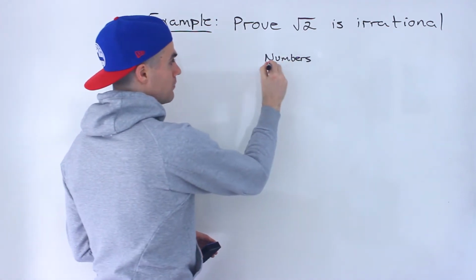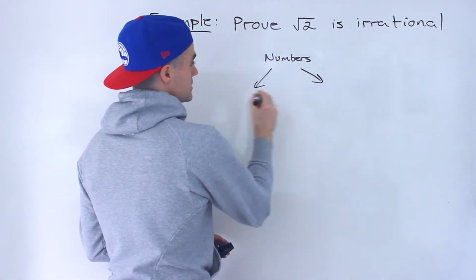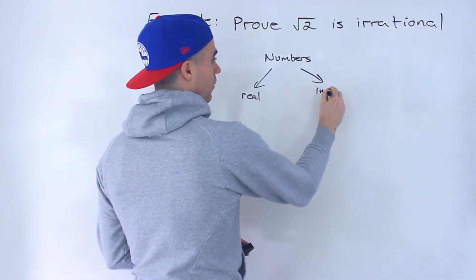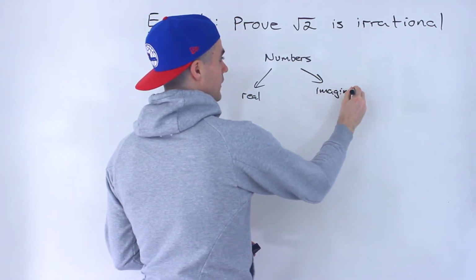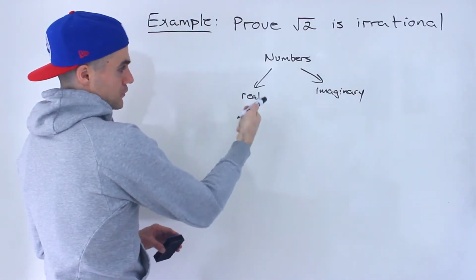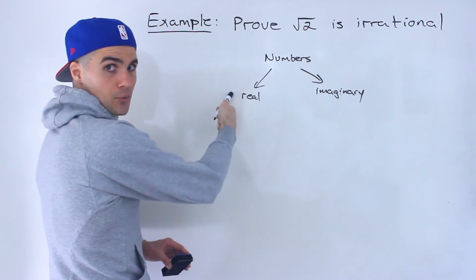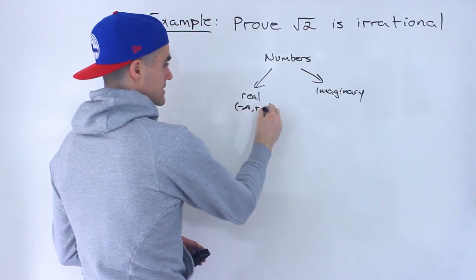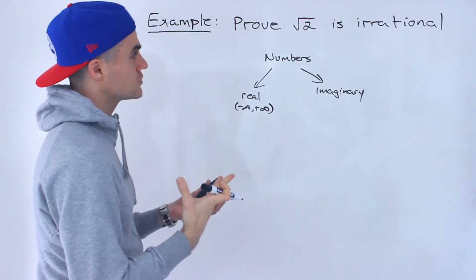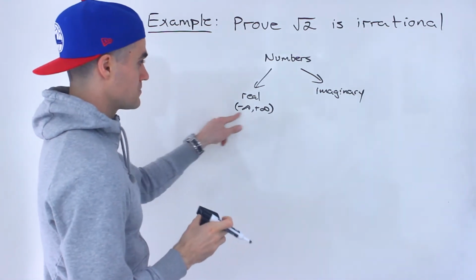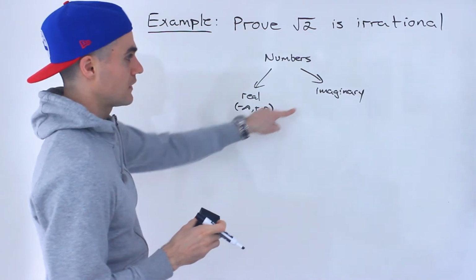If you remember, the two highest level categories of numbers are real numbers and imaginary numbers. Root 2 is definitely a real number. Remember, real numbers run from negative infinity to positive infinity, and the square root of 2 is some kind of decimal number between them.